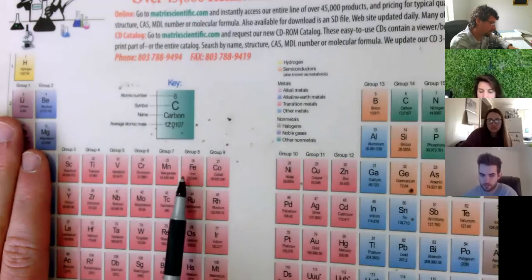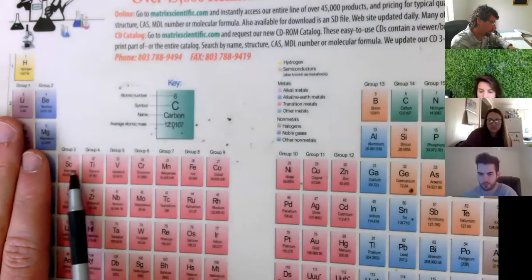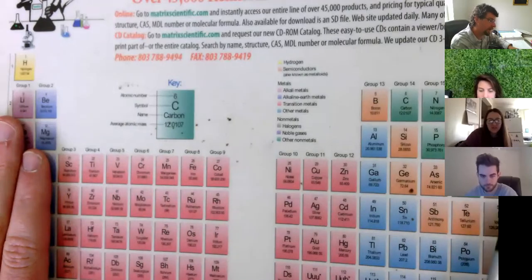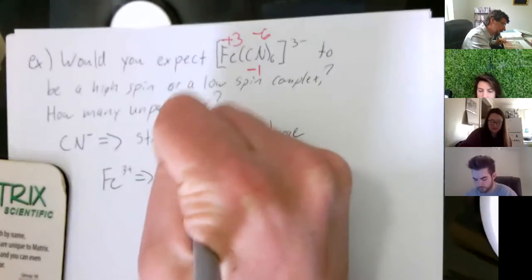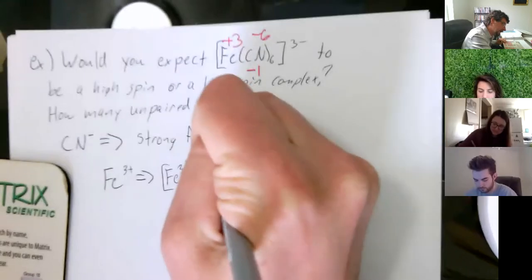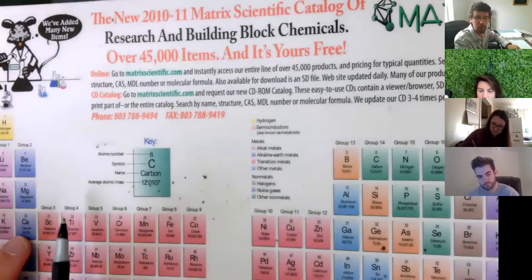So we have argon, then the s orbitals are gone, so now we have our d orbitals.